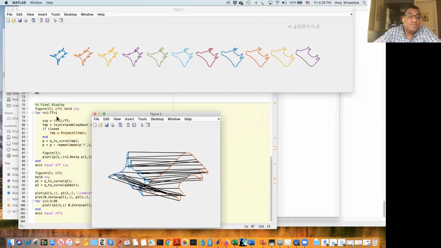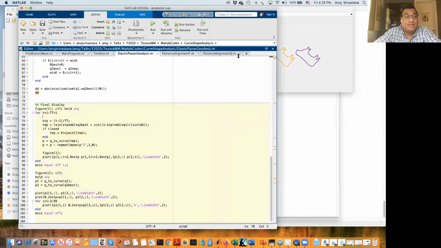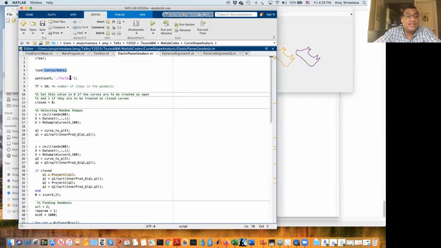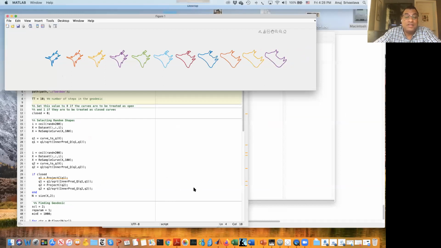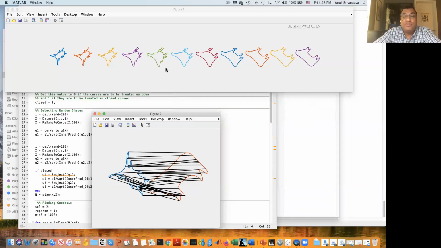But what this particular code does, there is a shape database, which I put in there. It randomly picks up 2 shapes, shape 1 and shape 2, the first and the last shape. It performs the alignment and registration, and forms the geodesic, the shortest path between the 2 shapes with full elastic registration.